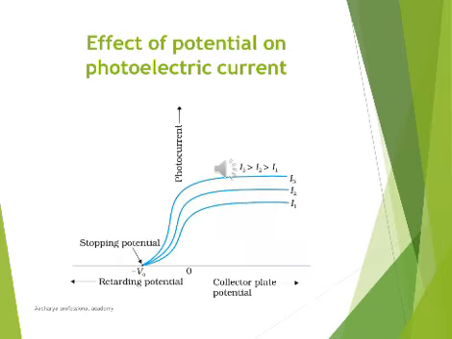When we increase the positive potential on the collector plate, more electrons are collected and the current increases. Initially the current is increasing, after that it saturates, and finally it reaches a maximum value called the saturation current. The current becomes saturated because every metal has a particular number of electrons, and once all the electrons are collected, the current saturates.